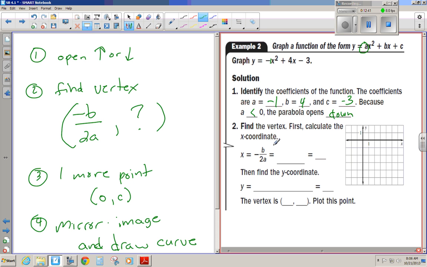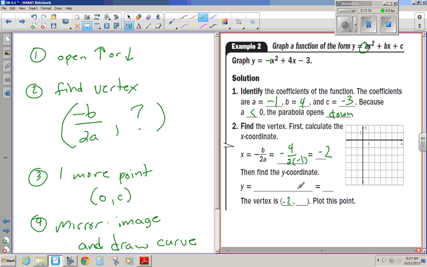Finding the vertex, first calculate the x-coordinate, negative b over 2a. So b is 4, and a is negative 1. So when you calculate all of this, negative 4 over negative 2 becomes negative 2. That means my vertex is at negative 2, comma, question mark.